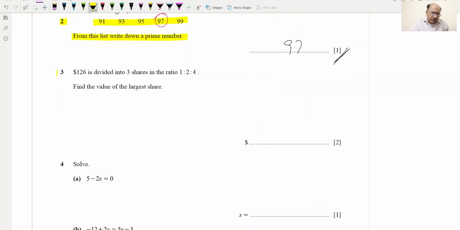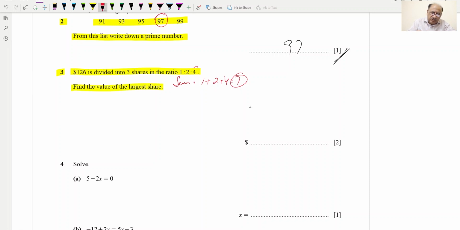Question number 3. $126 is divided into 3 shares in the ratio 1, 2, 4. So the sum of the ratios we can write as 1 plus 2 plus 4, which is equal to 7. Find the value of the largest share.